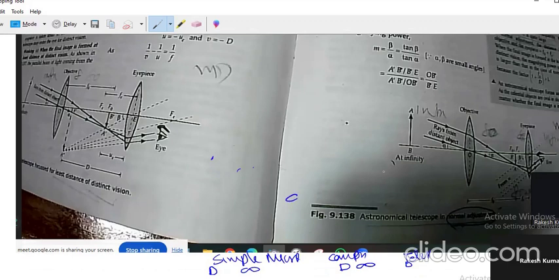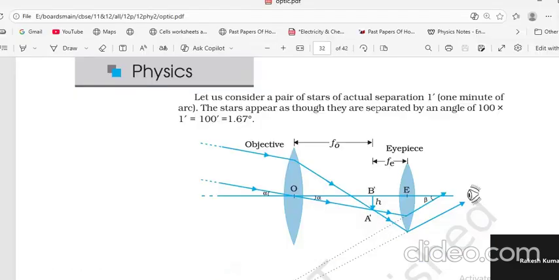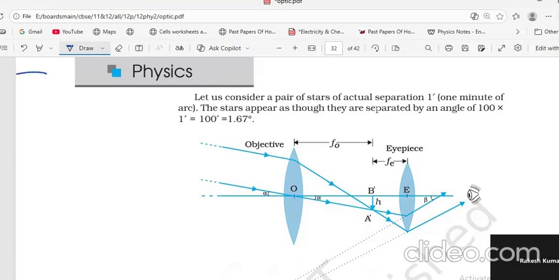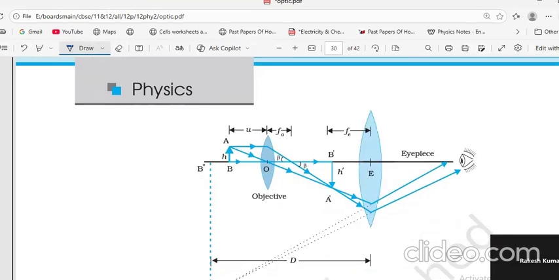This one is the final image and this is distinct vision. See what the difference is, first, the difference between the compound microscope and the telescope. So whenever you draw a telescope, see the difference from the microscope.